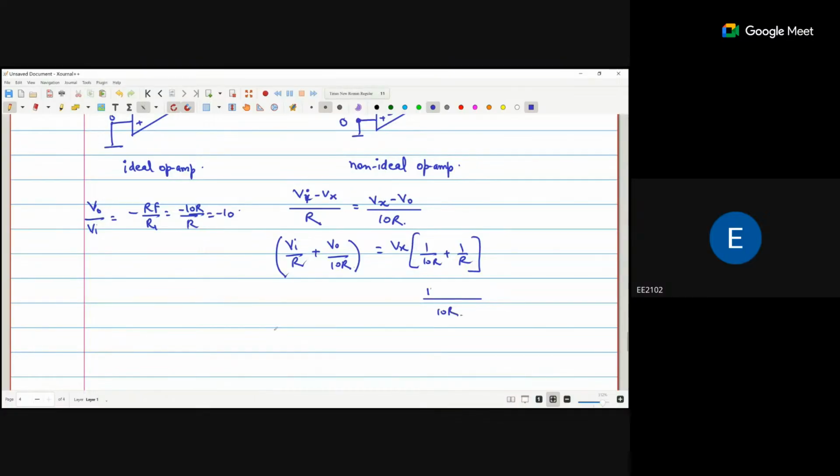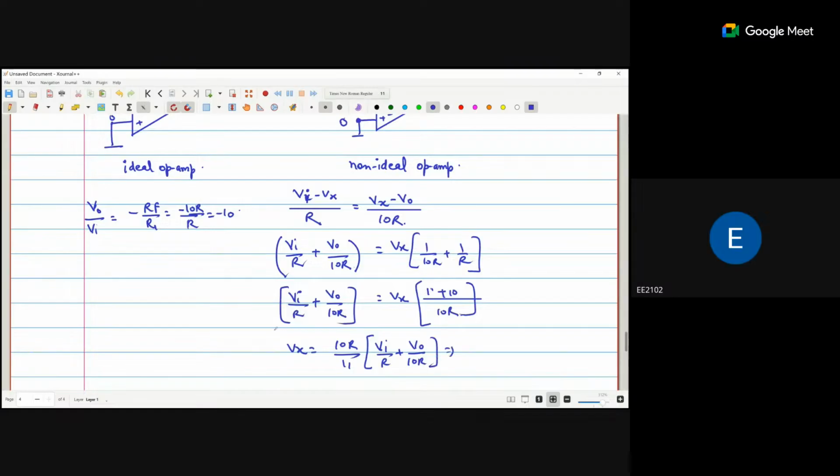So it is (1 plus 10) Vx equals Vi by R plus V naught by 10R, and Vx is 10R by 11 times (Vi by R plus V naught by 10R).